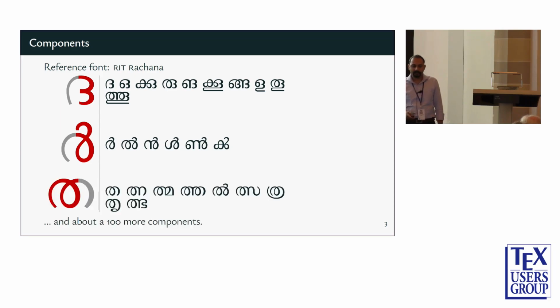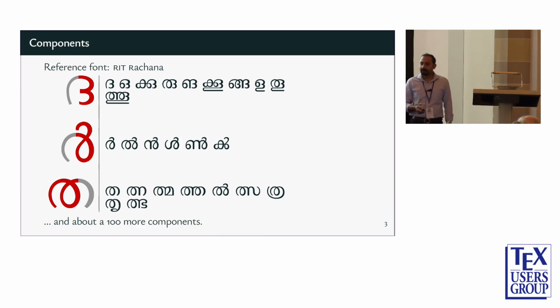And another example is the left side of the consonant ta, that is repeated in a number of glyphs. Now, this is not an exhaustive list, of course. And an astute reader could immediately see that the Chillu letter il, that is the second character on the second row, is a combination of the third component and the second component.